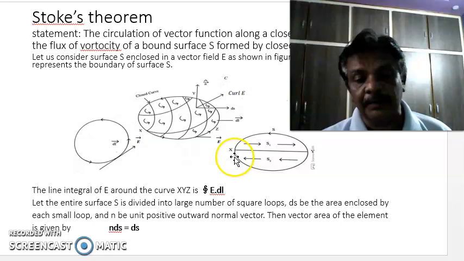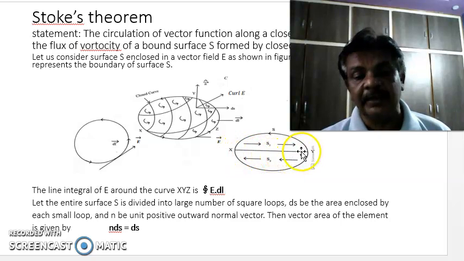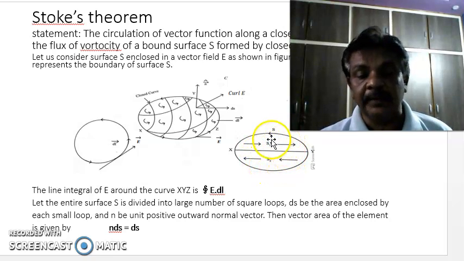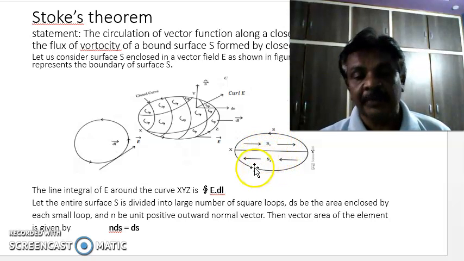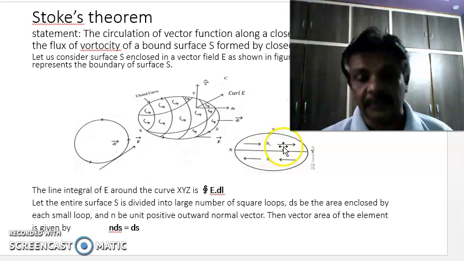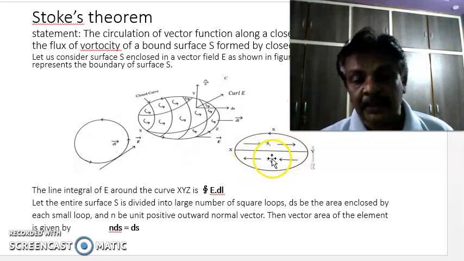Here at the common part XY, curve C1 and curve C2 have the common integral value in opposite directions. These will cancel each other, thereby there is no net line integral in this common line. Only the total line integral of S is equal to the line integral of C1 plus the line integral of C2.